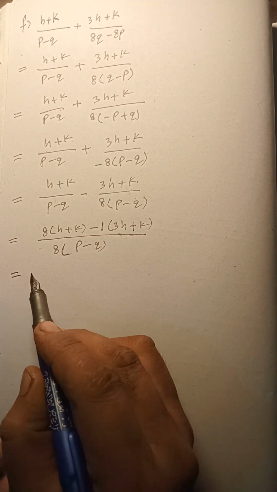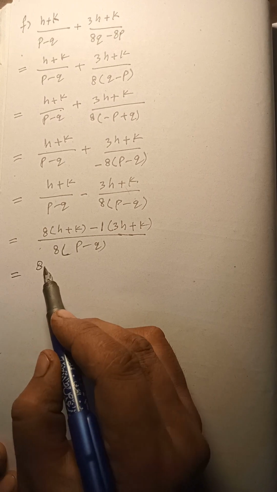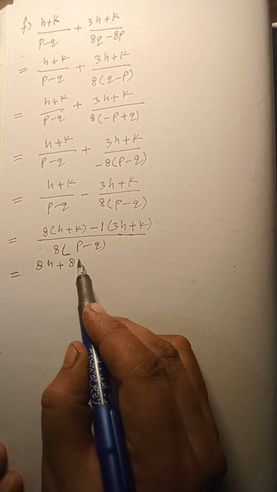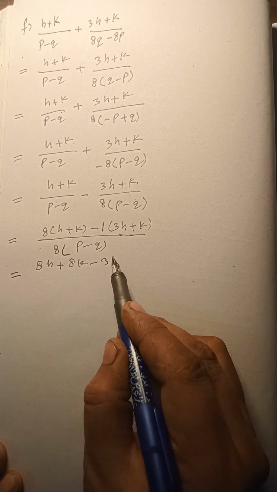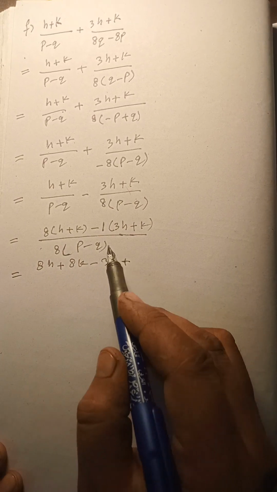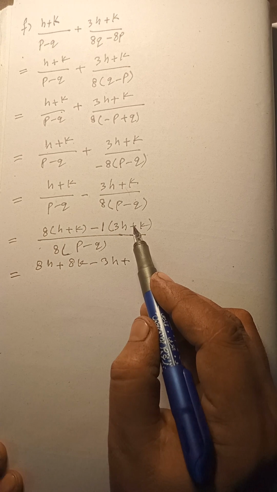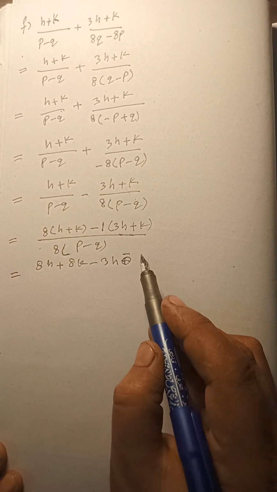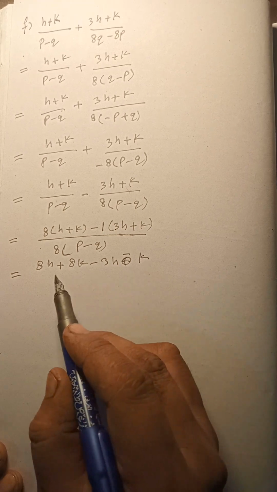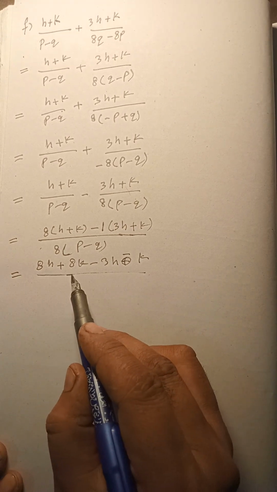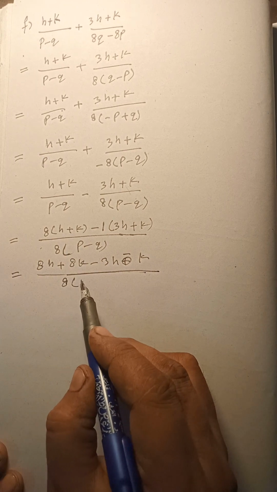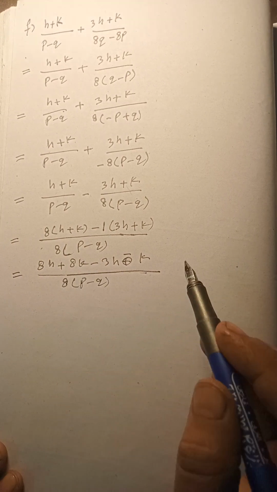Now we have to multiply these. 8 when multiplied by h, it will become 8h plus 8k minus 3h, and plus this, due to this minus sign, the sign will change, it will become plus minus minus, so we will write here minus k, and in the denominator LCM will be written 8 into p minus q.